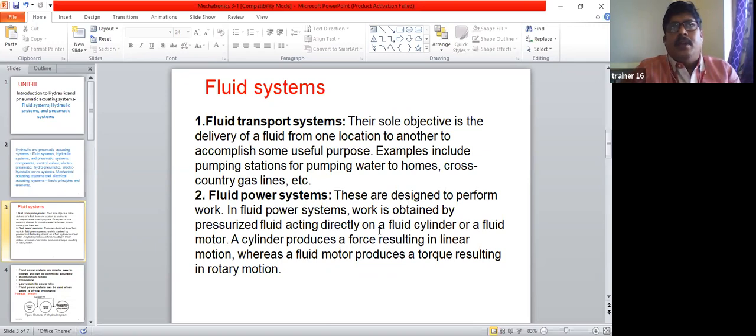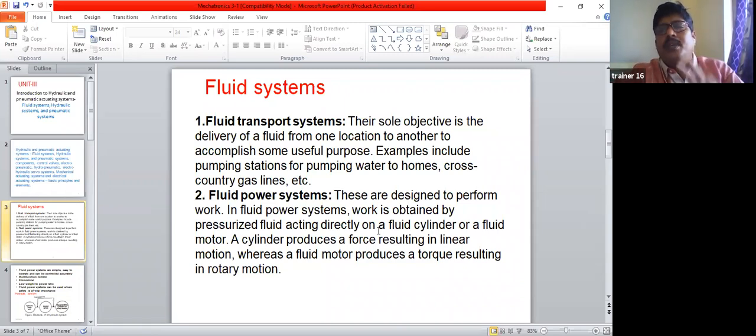Right? That means if you go for mechanical actuators, you studied so many mechanisms. What are they? Scotch yoke mechanism, pantograph, single slider crank chain mechanism, steam engine mechanism, Whitworth quick return motion mechanism.